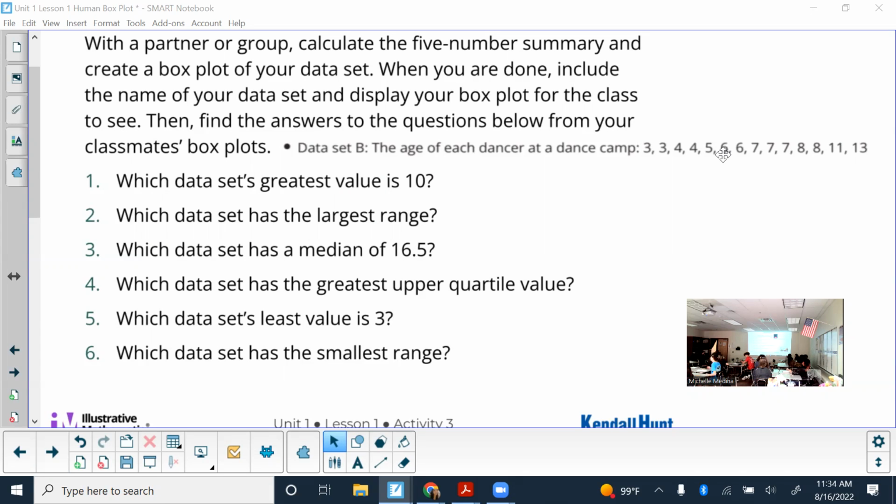Your number line should be what? Should it be like random numbers? Should it be too big? If my data starts at 3 and ends at 13, what should I probably count by on my number line?